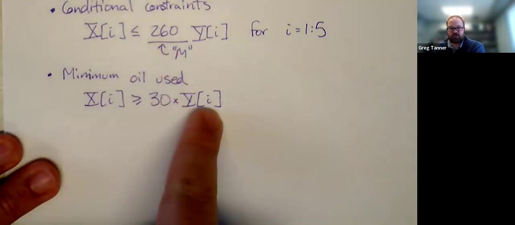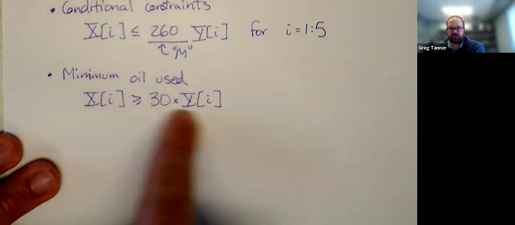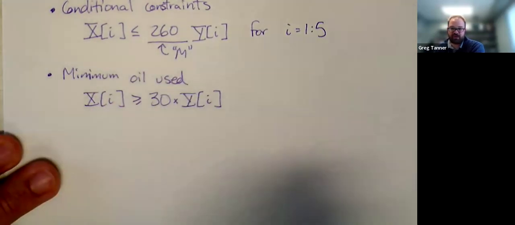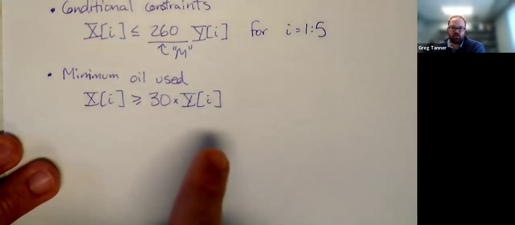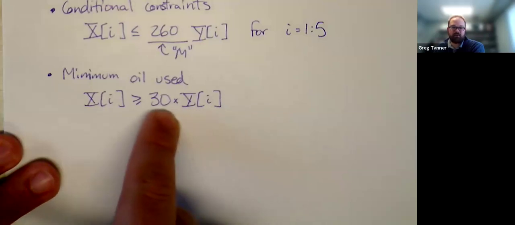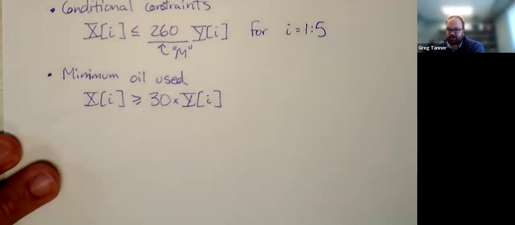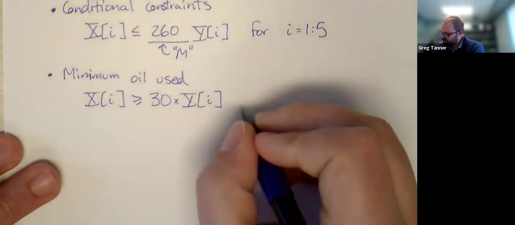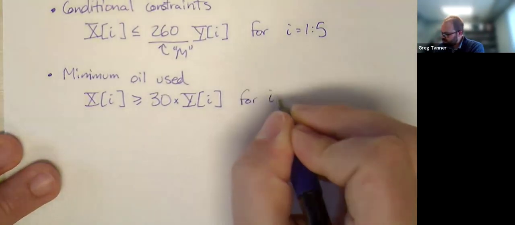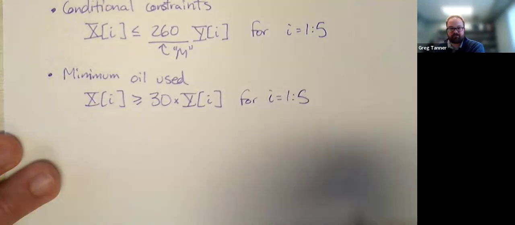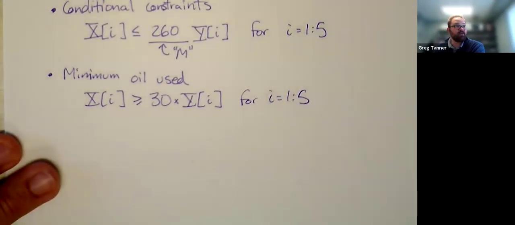And then this constraint will say 0 is greater than or equal to 0 and will be feasible. If yi is 1, then this constraint means that xi has to be greater than or equal to 30, which enforces that minimum if we're using the oil. And so that's going to be for i equals 1 to 5. So we'll get 5 copies of that one.